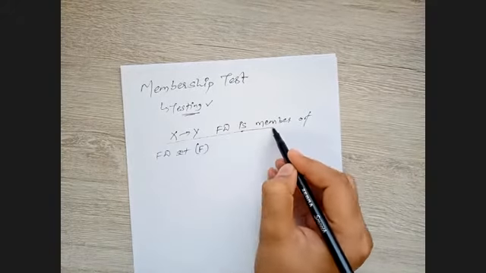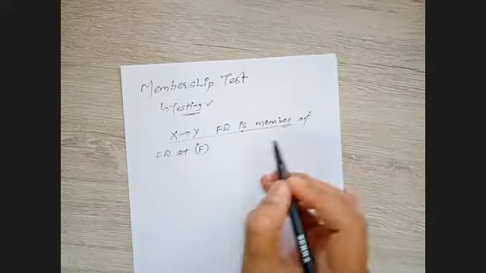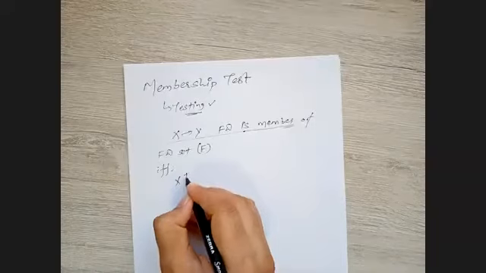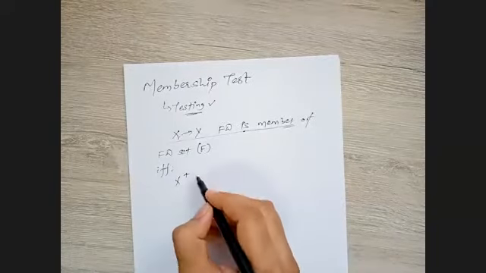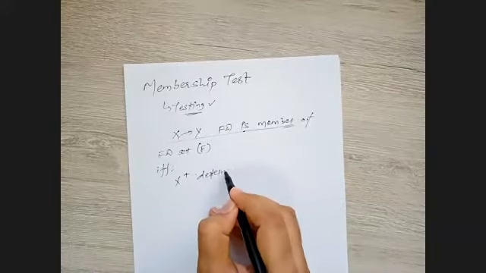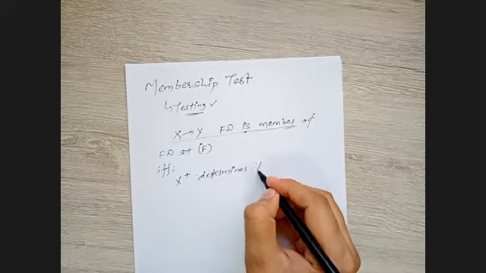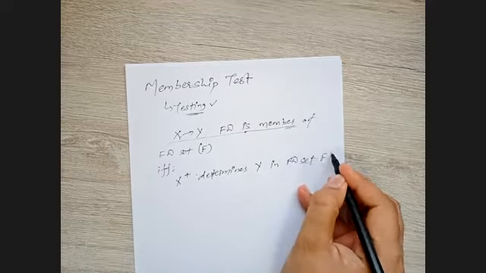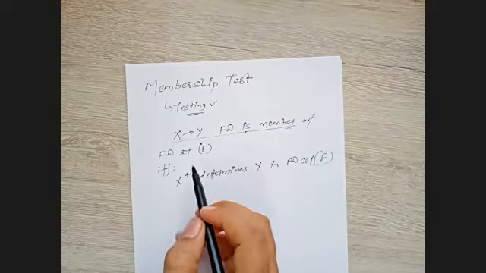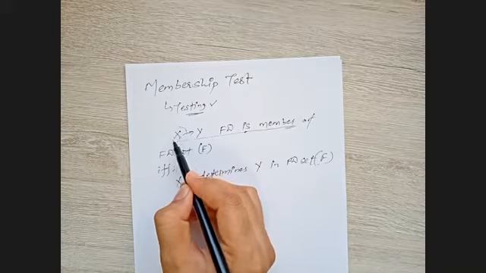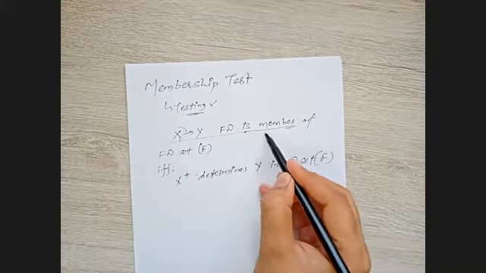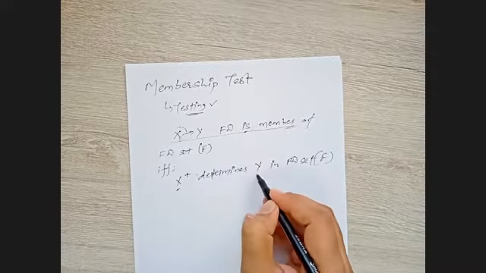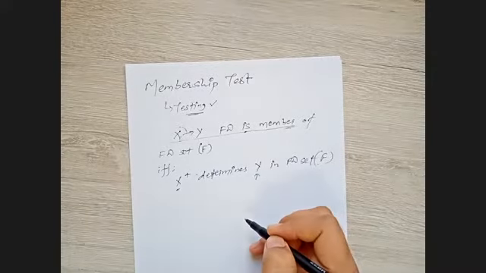If I am saying that this is a member, then it is a member if and only if X closure determines Y in FD set F. It means we need to find the X closure using the rest of the elements in the set, and check whether the X closure can identify this Y or not.